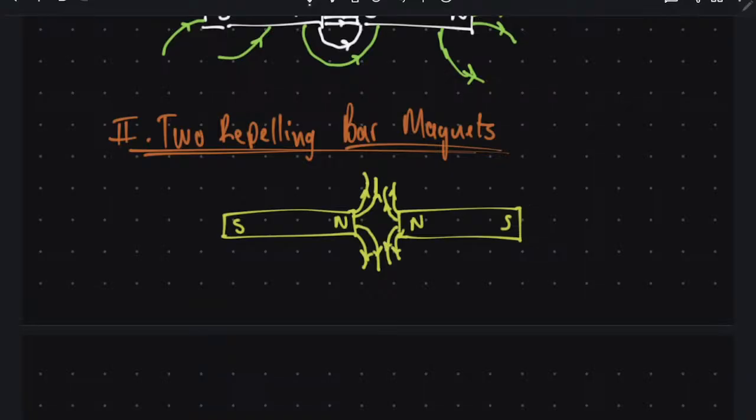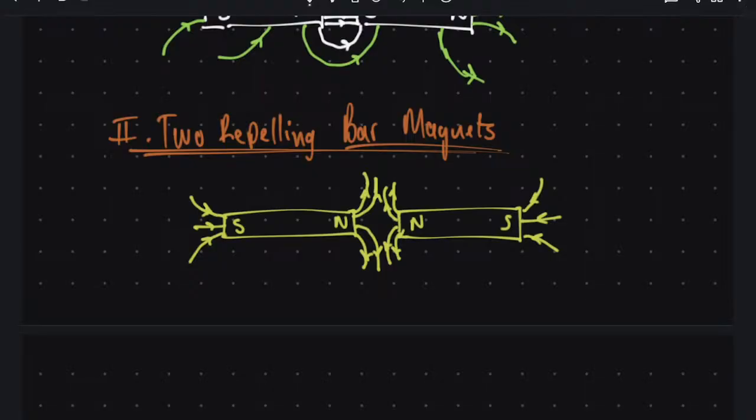Then you show them getting into south. Questions? These are two repelling bar magnets.